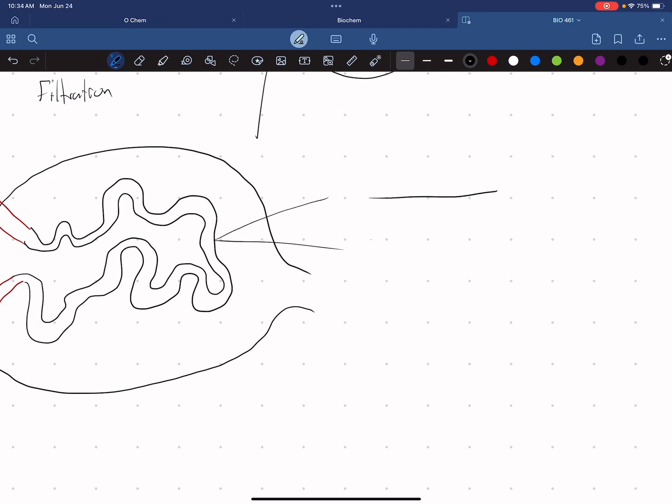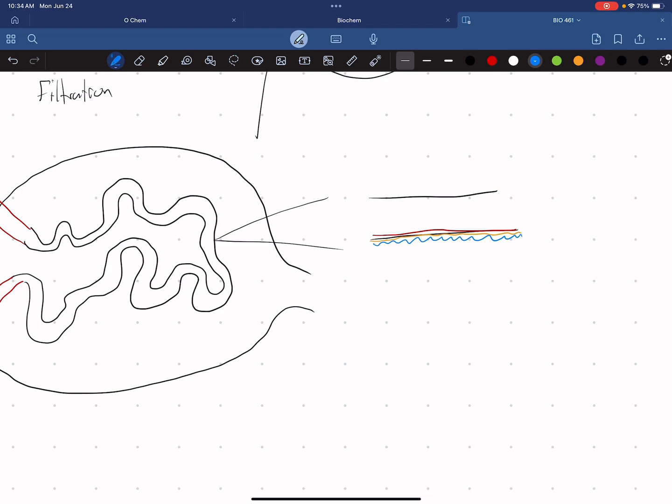So if I were to take this little section here and blow it up, we would see a few different layers. Below here we would have a basement membrane here. We have capillaries as well as a fenestrated endothelium.